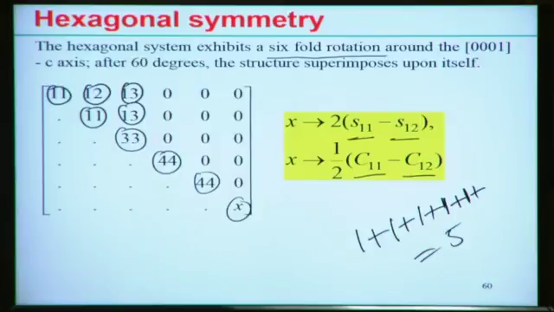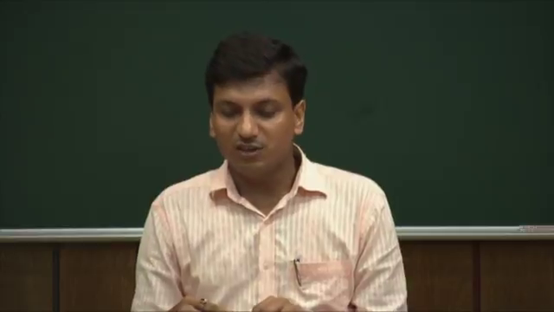The compliance or stiffness matrix is also symmetric. And if you look into the compliance and stiffness terms, the factor 2 is used in a different way. Whether this factor is 2 or its inverse, 1 by 2, depends on whether we are using the compliance terms or the stiffness terms.